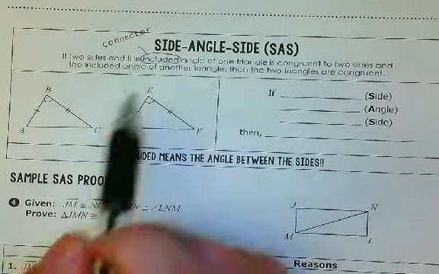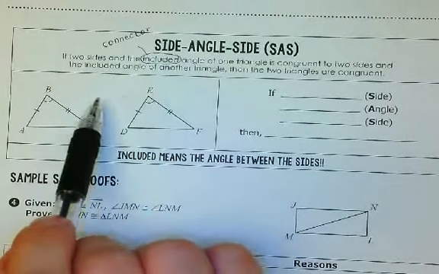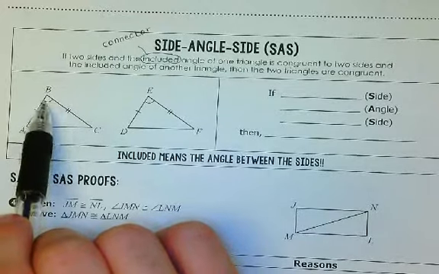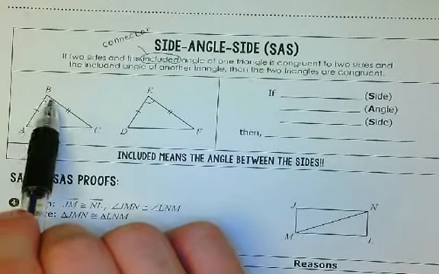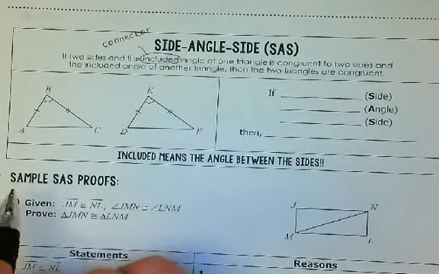So for side-angle-side, 2 sides are connected by an angle. So side AB is connected to side BC by angle B.